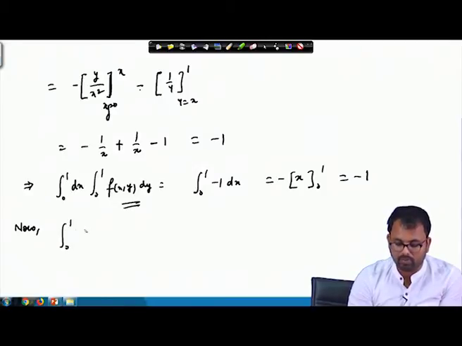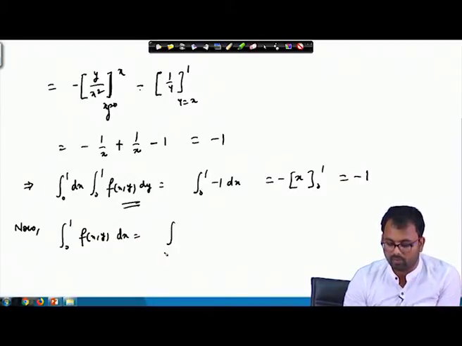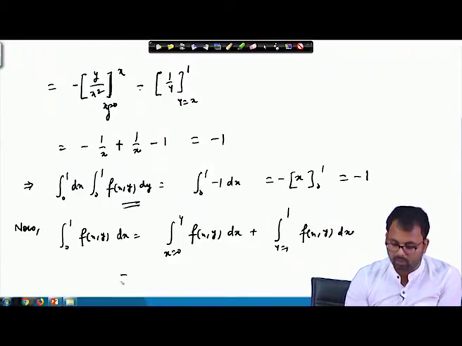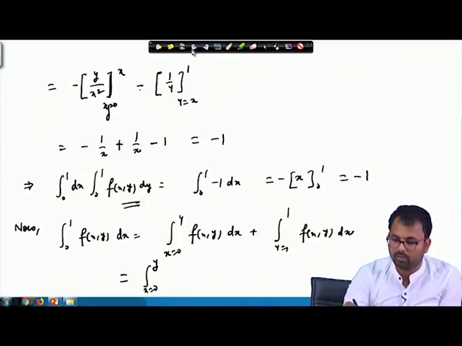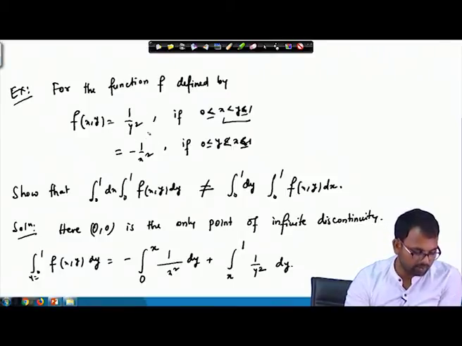Now, integral from 0 to 1 f(x, y) dx. So, what will be the value of this one? I can again write integral with x running from 0 to y f(x, y) dx plus integral from y to 1 f(x, y) dx. So, integral x running from 0 to y, we will have 1 by y square, right.